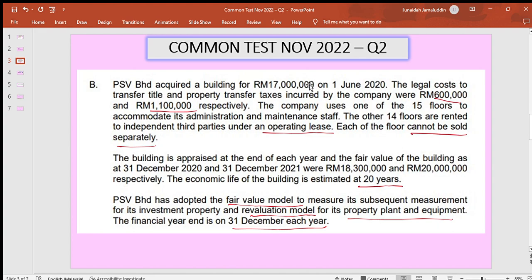In addition, the company also incurred legal costs amounted to 600,000 plus property transfer tax 1.1 million, right? So all these costs can be included in the initial cost of the investment property.